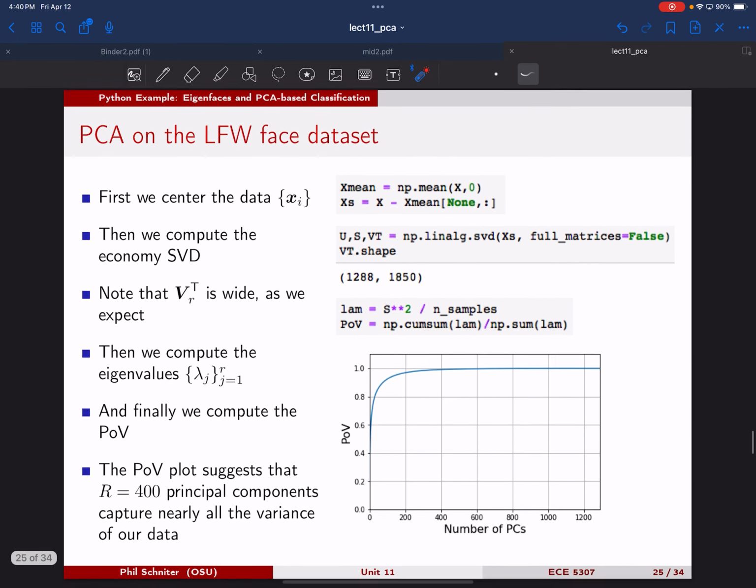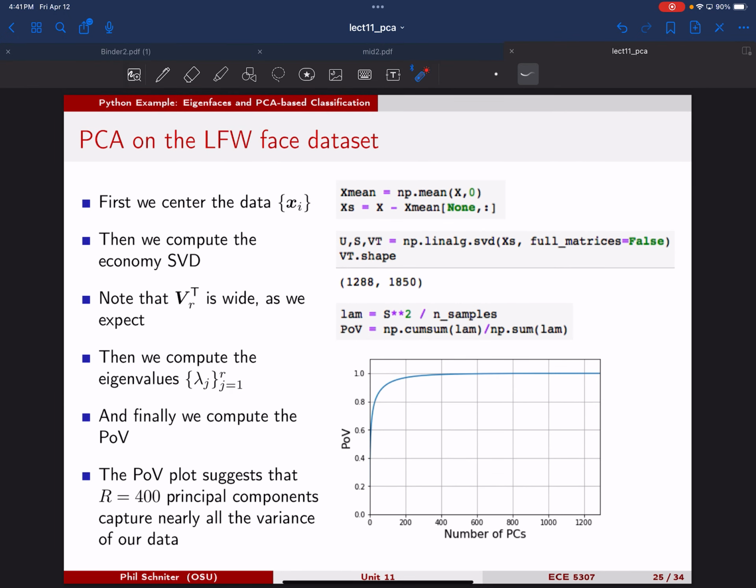Here's how we do PCA. We first compute the mean of our X matrix, the mean of each column, so this is looking at the 0th axis. Then we subtract that mean vector from X, and now we have a mean-shifted, or centered, matrix X. Next step is we do the SVD.